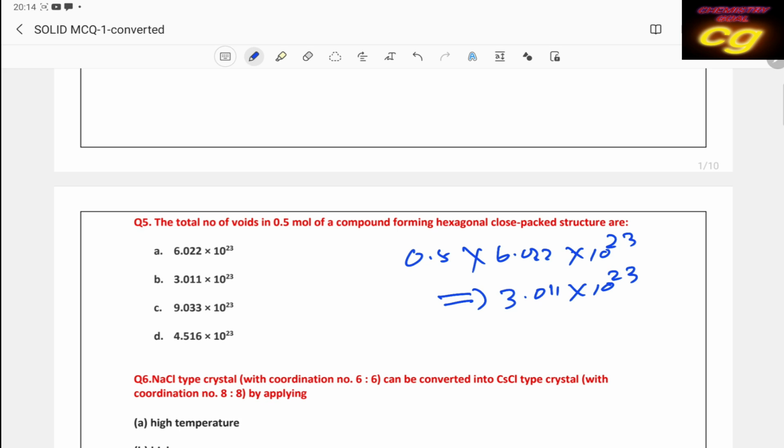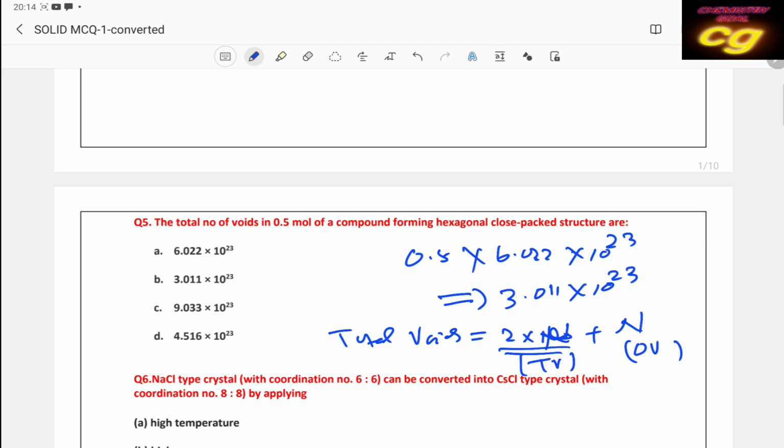But we know the total voids is equal to 2n plus n, where n is the number of atoms. The 2n indicates tetrahedral voids, TV, and n indicates octahedral voids.